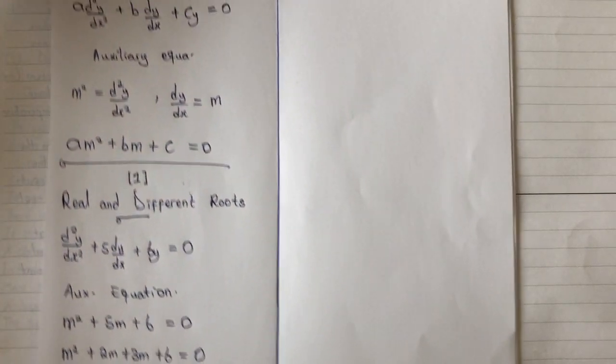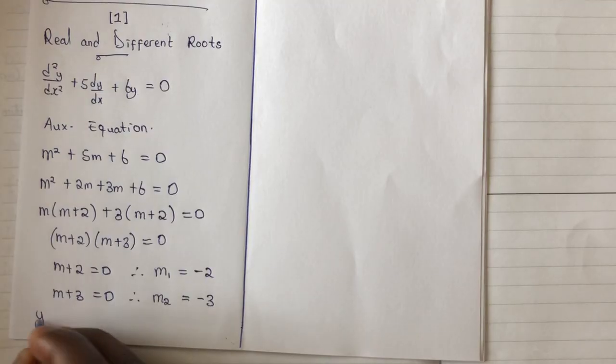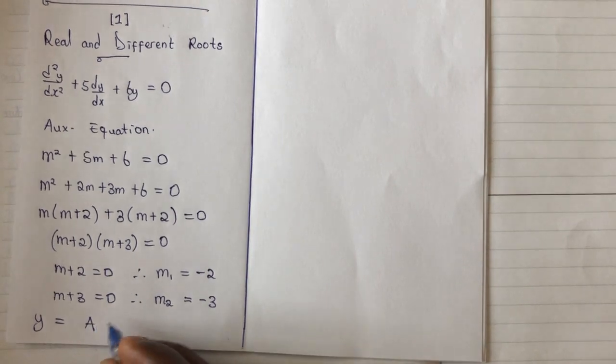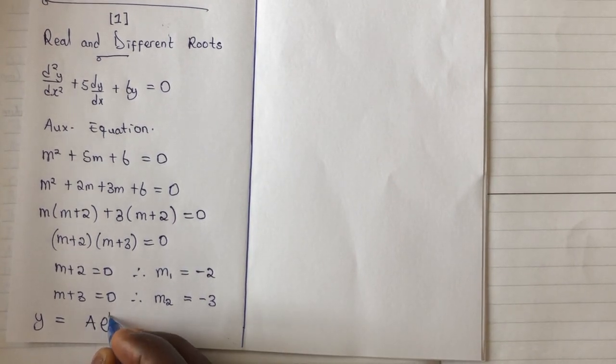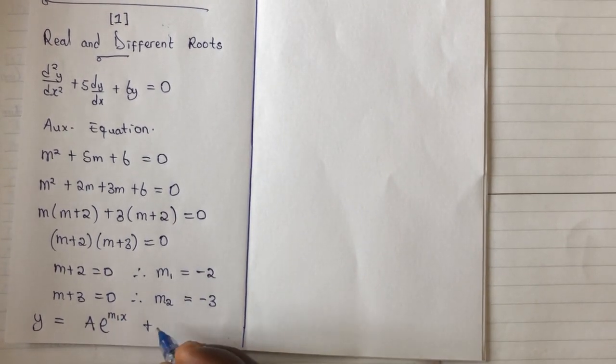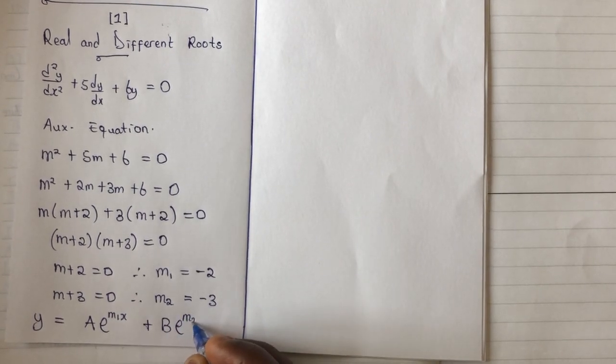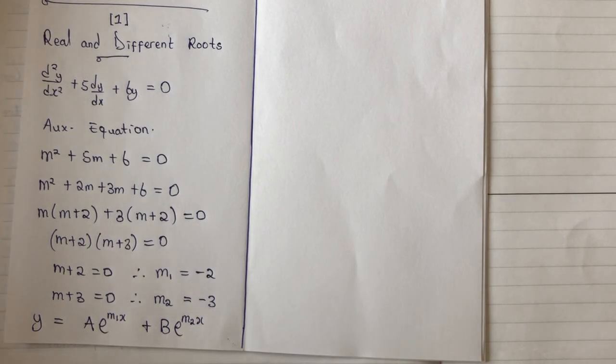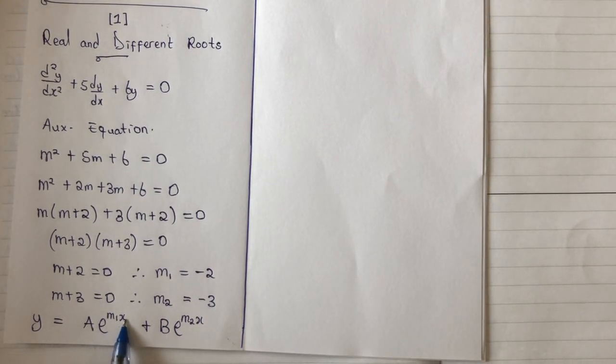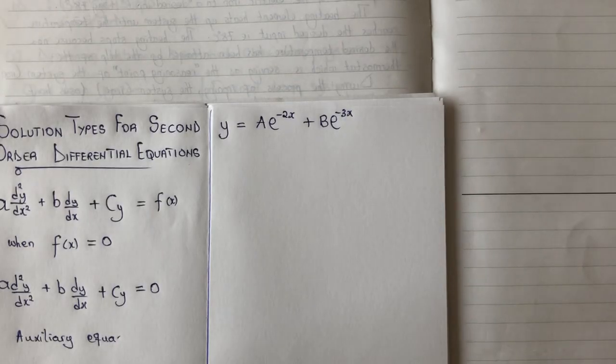Then the general solution becomes y equals a e to the m1x plus b e to the m2x. So a exponential function m1x plus b exponential function m2x.